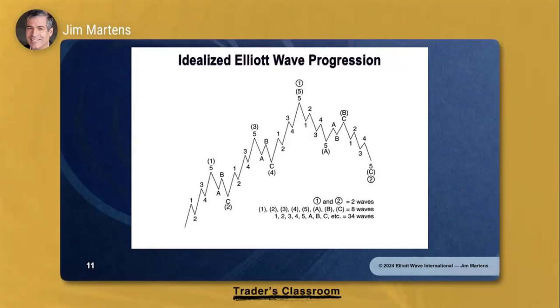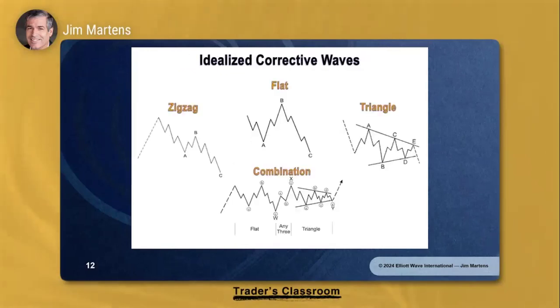Easy so far. When we look back at this idealized Elliott wave progression, where you're going to usually see alternate counts is in the corrective portions, the wave 2s, the wave 4s, and B waves. And this is at any degree of trend because corrections, while shown here as simple A, B, C, or 3-wave movements, can take on different paths, different patterns.